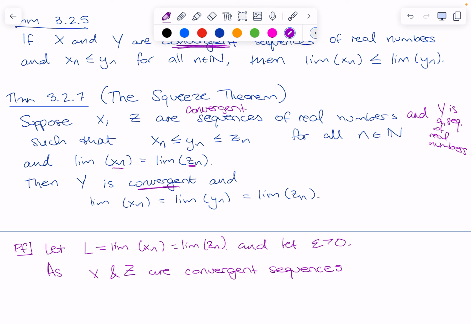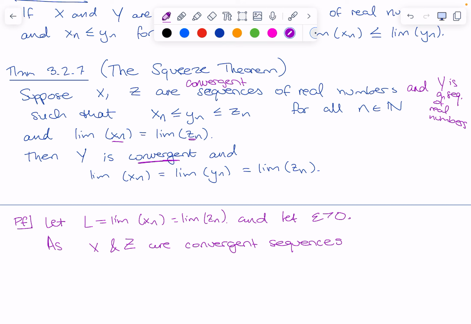Because that does cause a loophole, right? So as you just pointed out, we do actually need to know that those are convergent in order for this to actually show us y is convergent. So since we're eliminating the case where it is divergent, we have to assume x and z are convergent. Good job.